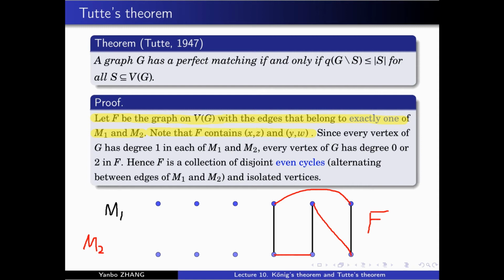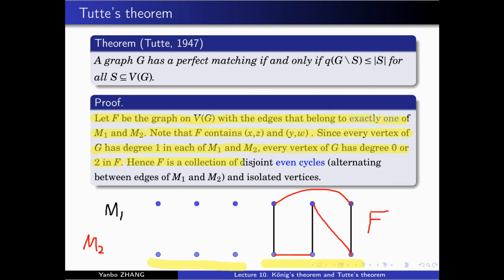Since every vertex of G has degree 1 in each of M1 and M2, every vertex of G has degree 0 or 2 in F. We see that these 6 vertices have degree 0 in F, and these 6 vertices have degree 2 in F.